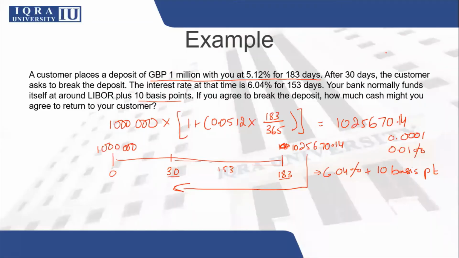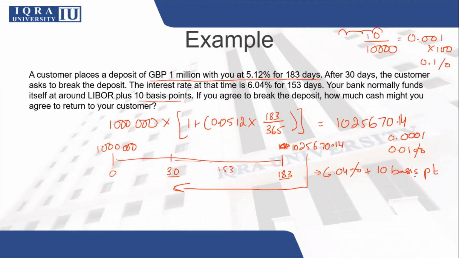So 10 basis points means 10 divided by 10,000, that is 4 decimal places, which gives 0.001, and you convert it into a percentage by multiplying by 100. That means 0.1%.